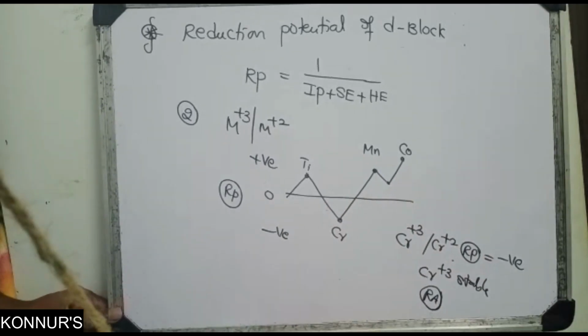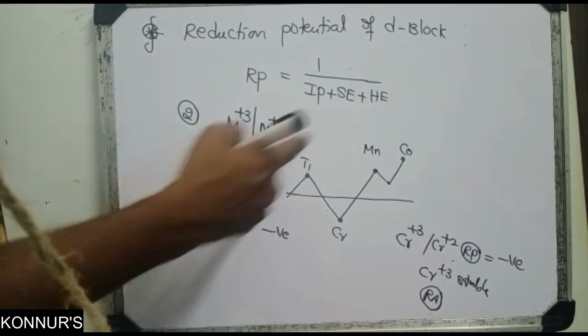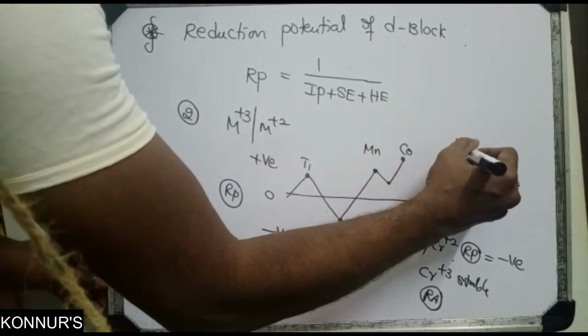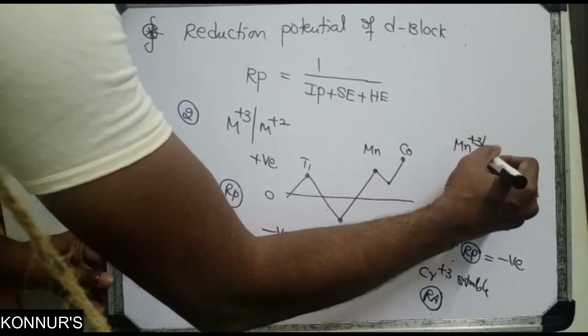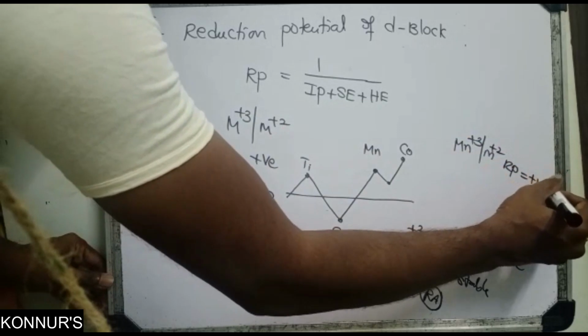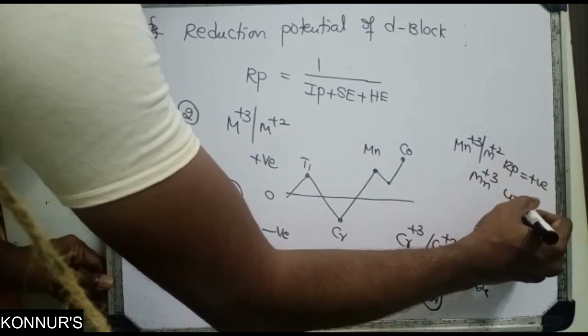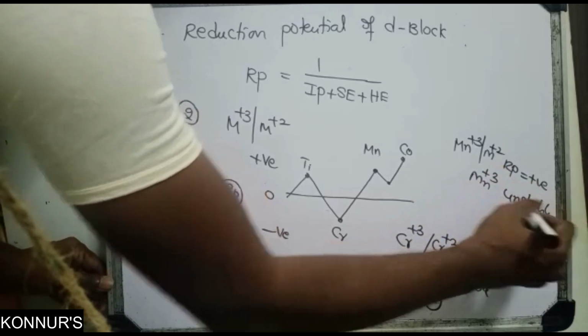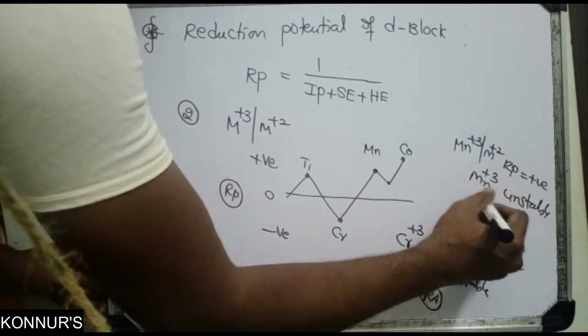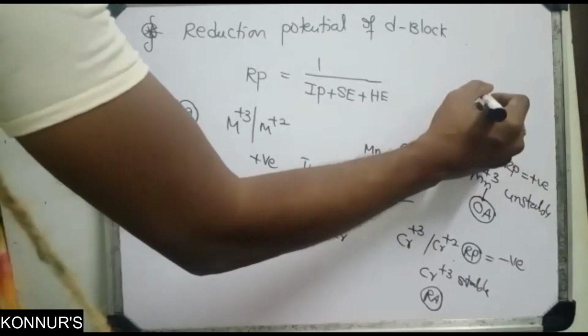Already we discussed the same thing previously. Next, those above: manganese. Mn+3 becomes Mn+2 and the reduction potential value is positive. That means Mn+3 is unstable, acting as an oxidizing agent. Same thing with cobalt.